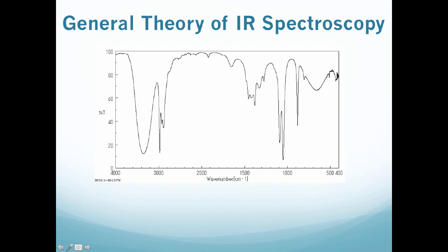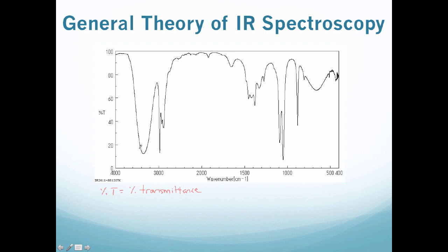One last thing I want to take a look at is just the y-axis. So we've looked at the x-axis to see what the wave number actually means, but what does this %T on the y-axis mean? Well, %T is just % transmittance. And what that means is that's how much light is actually transmitted through the molecule.